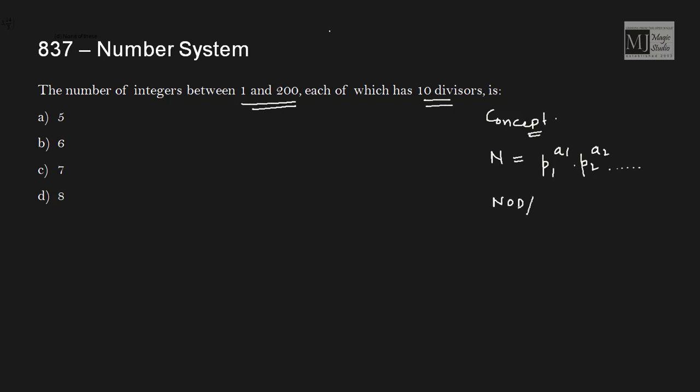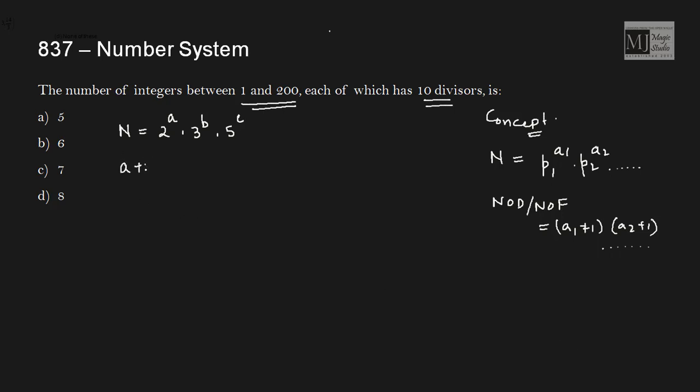The number of divisors or number of factors is given by a1 plus 1 into a2 plus 1 and so on. So suppose my number is 2 to the power a into 3 to the power b into 5 to the power c. I'm considering the first few basic prime numbers.